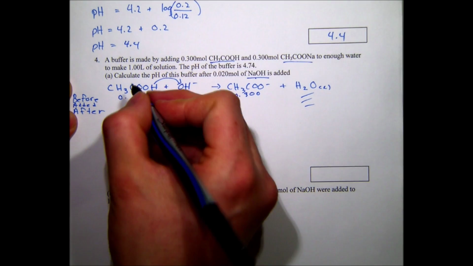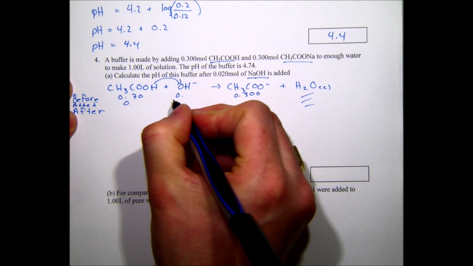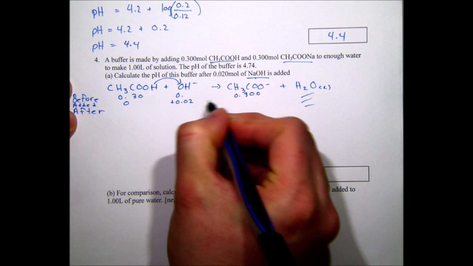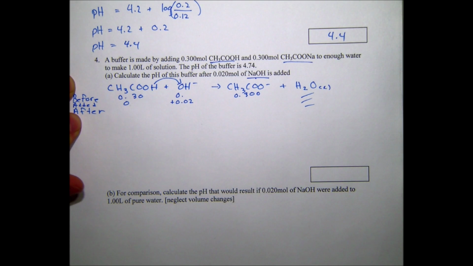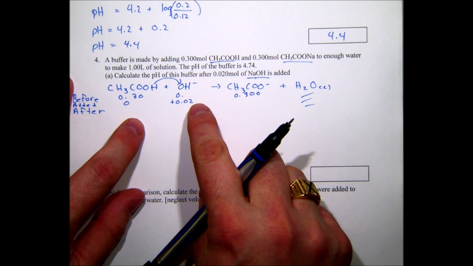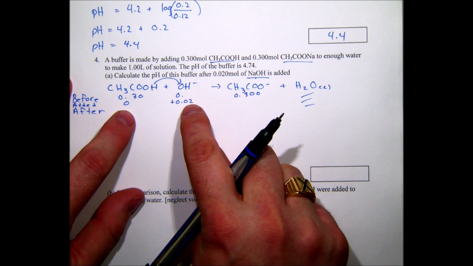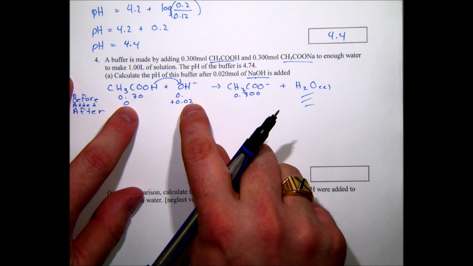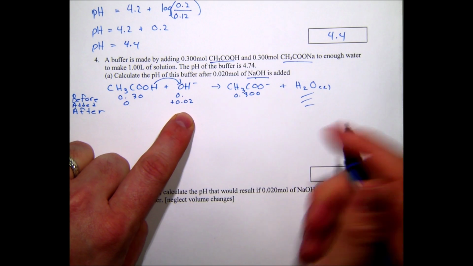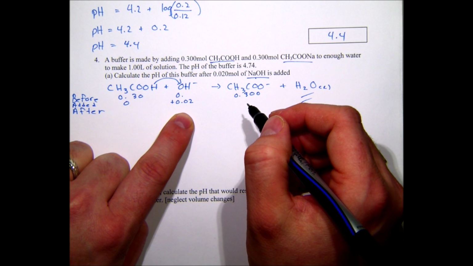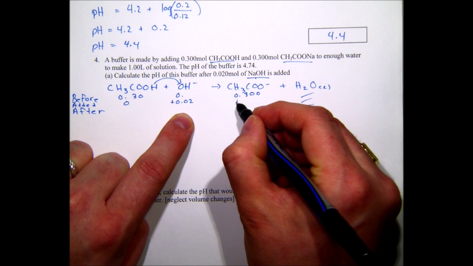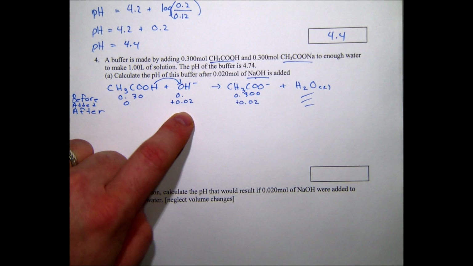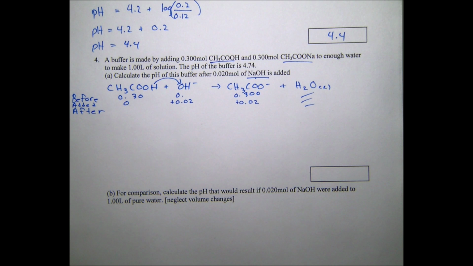Now, I didn't add any of this. I did add 0.02 moles of the hydroxide. Now, this is where stoichiometry comes in. If I add 0.02 moles of this reactant, it's going to completely react. And it's going to form 0.02 moles of the acetate.